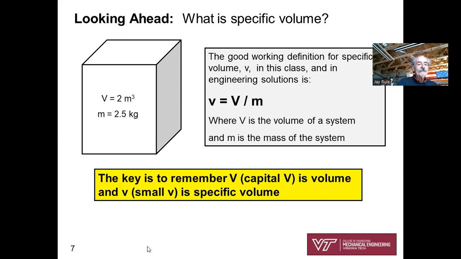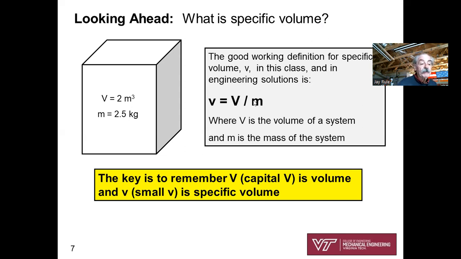What is specific volume? Specific volume. That is an intensive property, because it's defined as little v, where capital V is the total volume of our system, divided by the mass of the system.